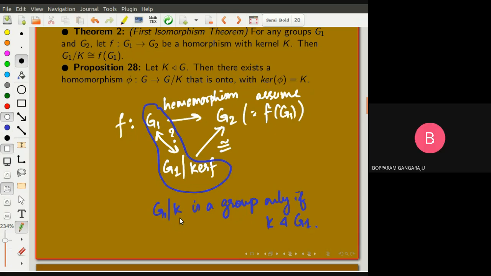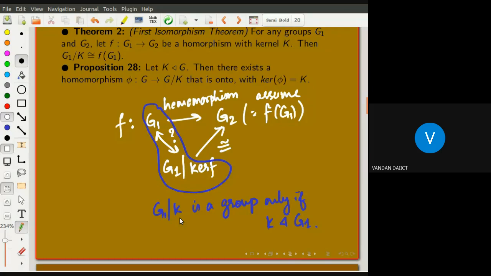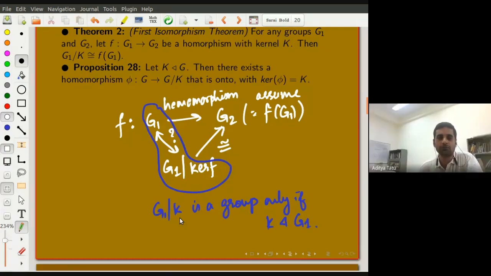They may not be closed. In fact, if it is closed, then K has to be a normal subgroup, isn't it? We had shown that this is an if and only if condition. So if K is not a normal subgroup, then G1 slash K will not be a group.